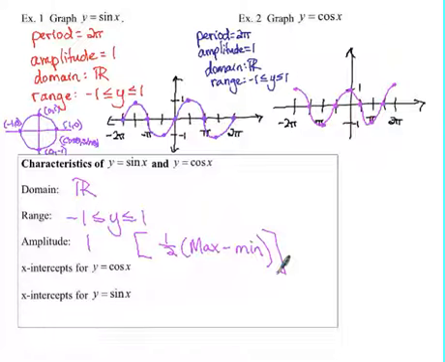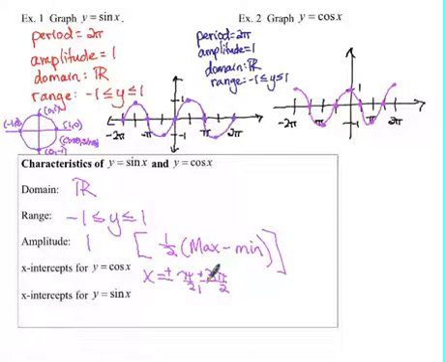The x-intercepts for cosine. Well, let's look at where the graph of cosine x crosses the x-axis. Going to the right, isn't it pi over 2 and 3 pi over 2? But on the other side, isn't it just negative pi over 2 and negative 3 pi over 2? So we could just put plus or minus in front. Are these the only ones?